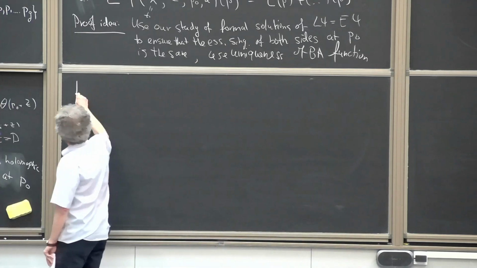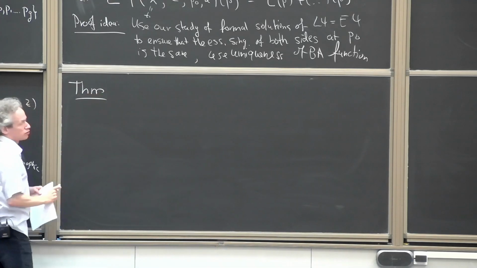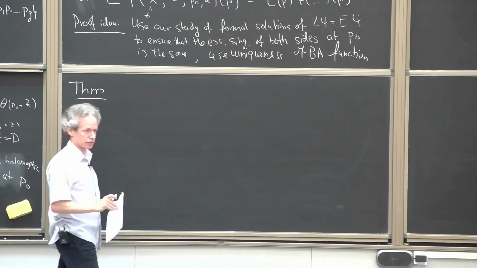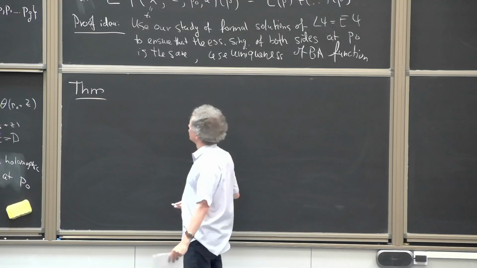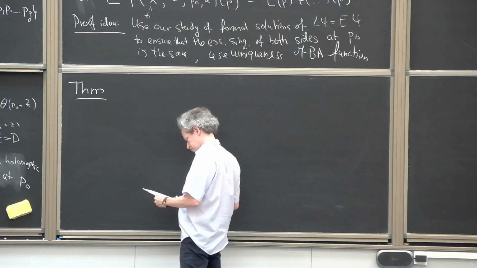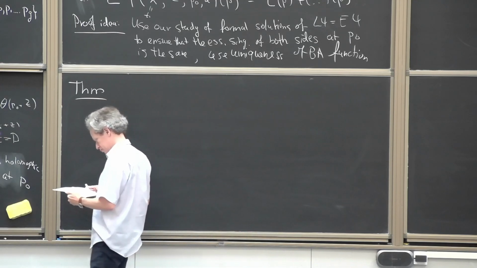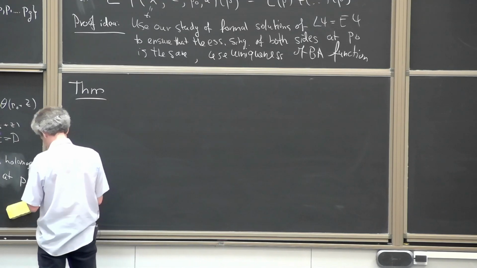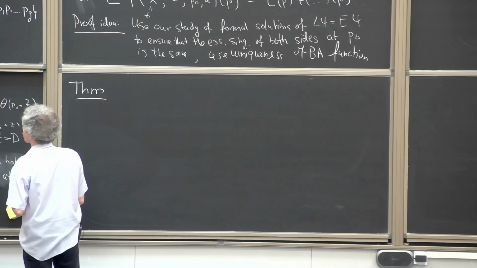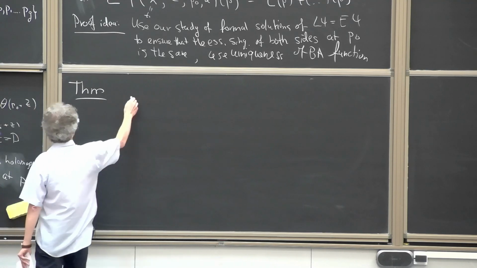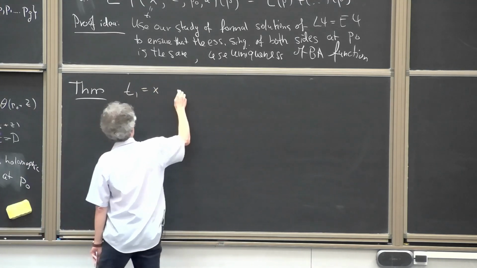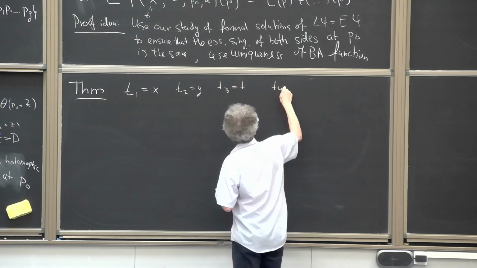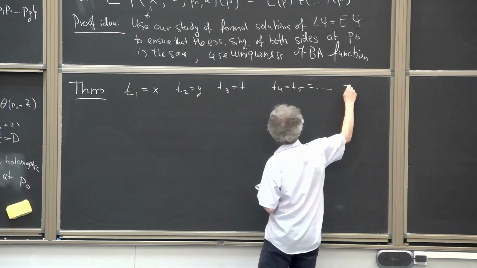Next theorem. So all the theorems I'm stating can be found in the works of Krichever. Some predate his work, but this is some kind of agglomeration. So I'm going to set here t1 is x, t2 is y, t3 is t, and t4, t5, and everything else is equal to 0.